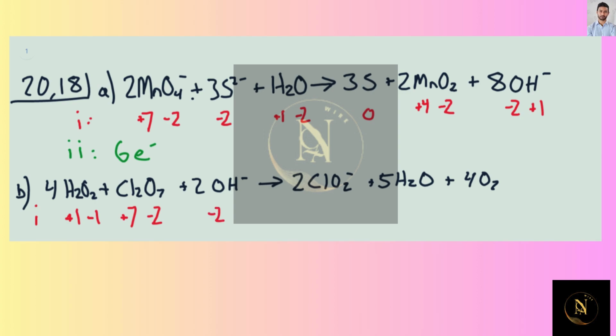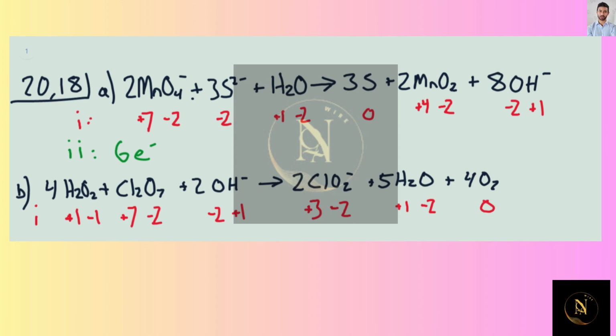Oxygen in the hydroxide is -2, +1 for hydrogen. For ClO2, we have -2 for the oxygen, which means that the chlorine has to be +3. And for water, +1 for hydrogen, -2 for oxygen, and for the oxygen molecule, 0.